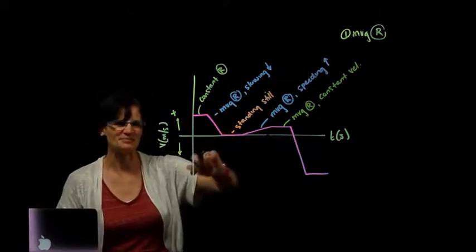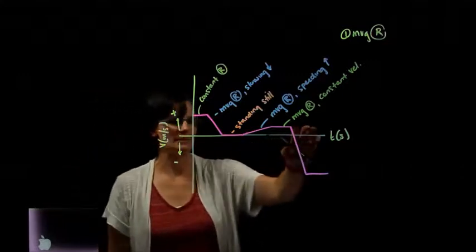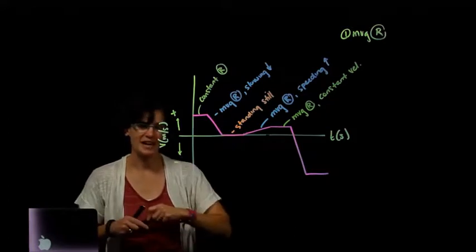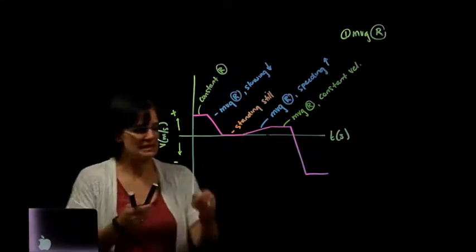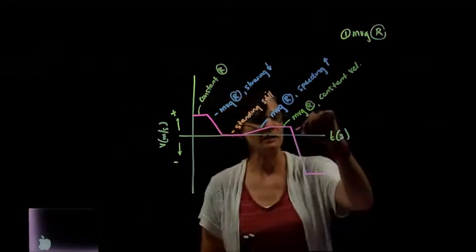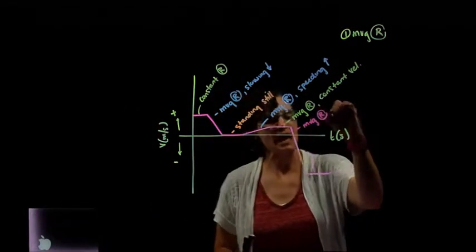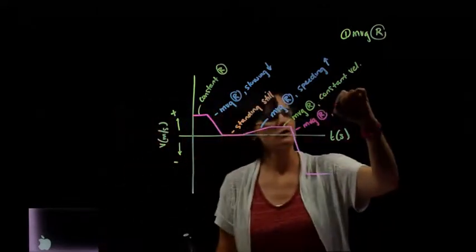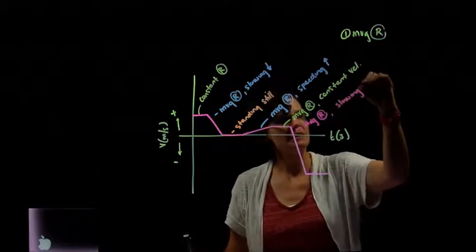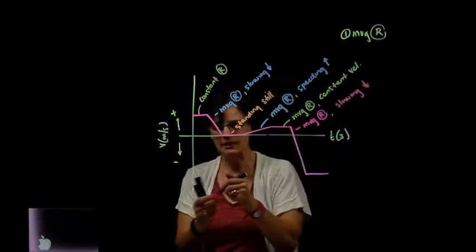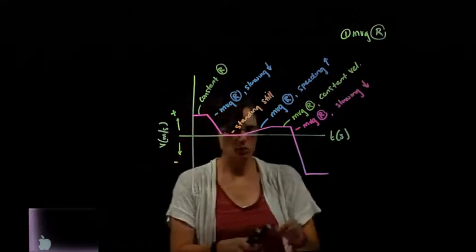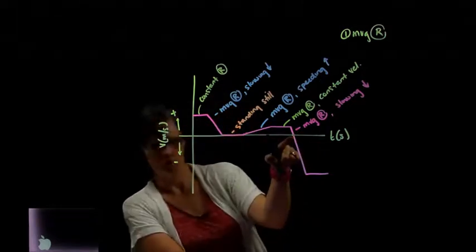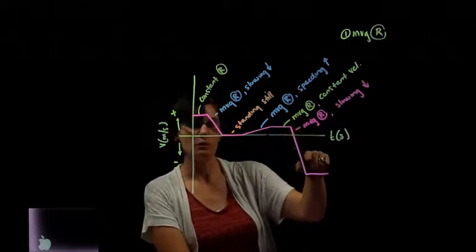All right, so make sure you're comfortable with those first five, because the next phase is a little trickier. Okay, so what happens at this point? Well, the line is still above the axis, so it's still positive. We're still moving to the right here. And what are we doing as we move to the right? Our numbers for velocity are getting smaller and smaller, so we have to be slowing down. Then we hit this special little point right here, which we all like to think is more special than it is. Immediately after we hit that 0 value, we start below the axis.